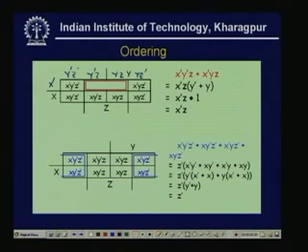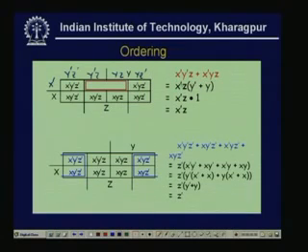Now if I take the 2 adjacent min terms in the first row, marked with this red line, this is x dash y dash z plus x dash y z, these two.